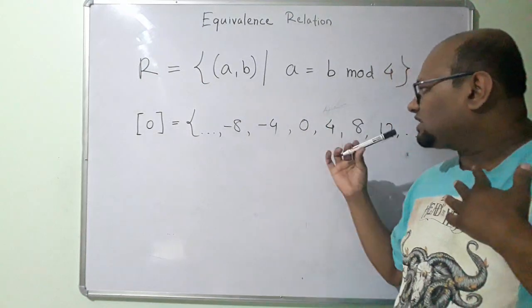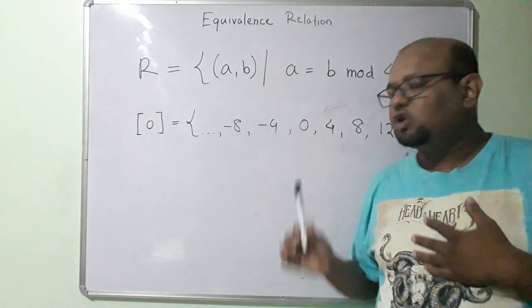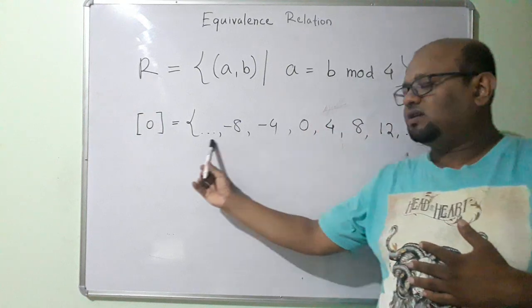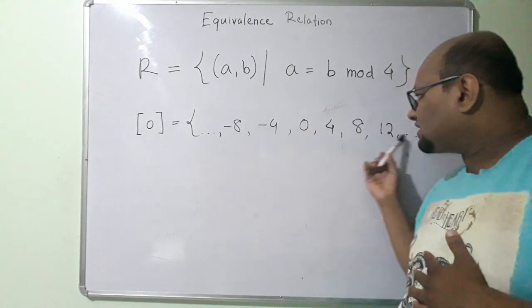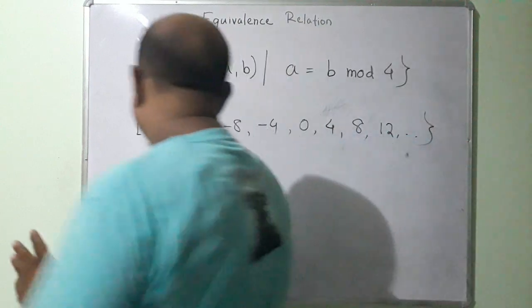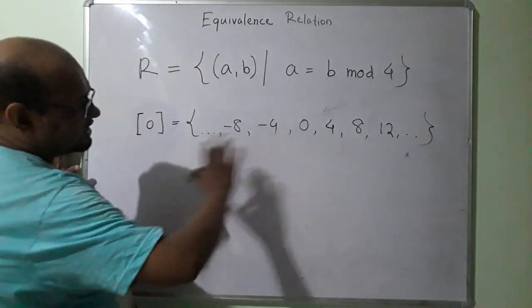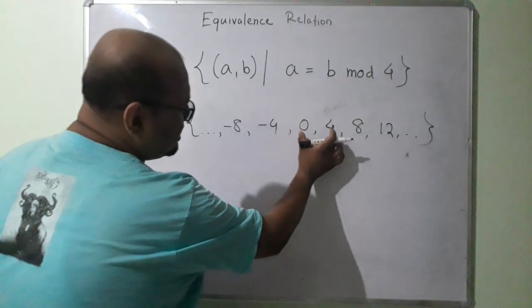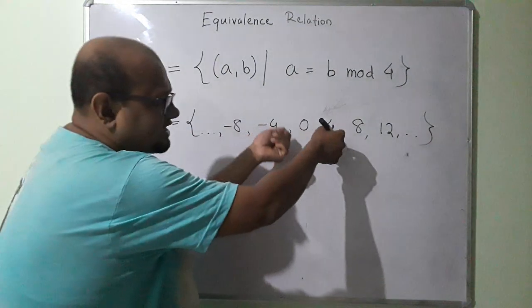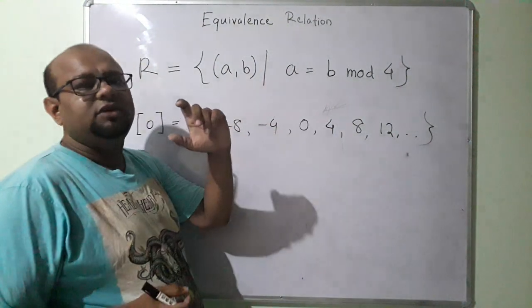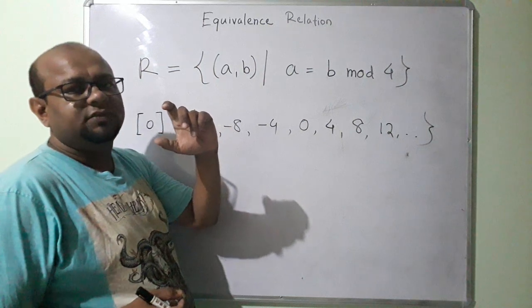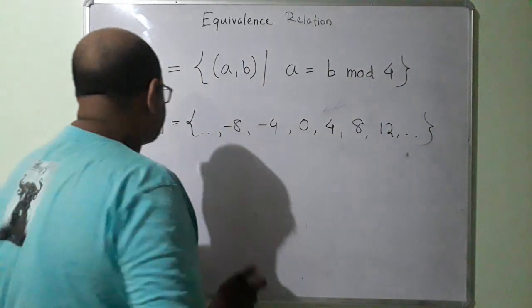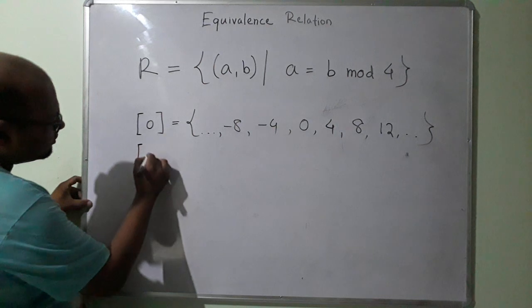Okay. -4 minus 0 is -4, divisible by 4. So all these are equivalent in the sense that, take any two from this set, that pair will belong to this relation. Alright. So all these are equivalent. Now let us say I have the equivalence class of 1.